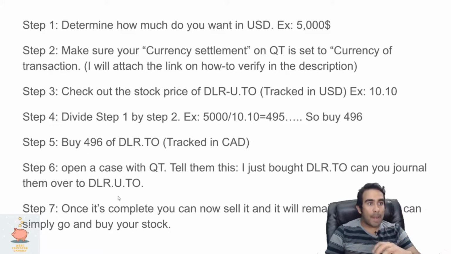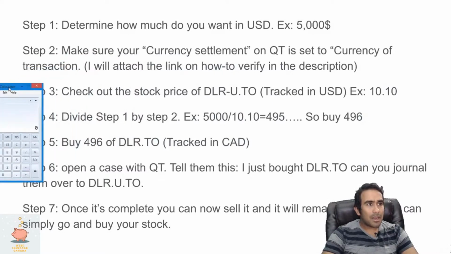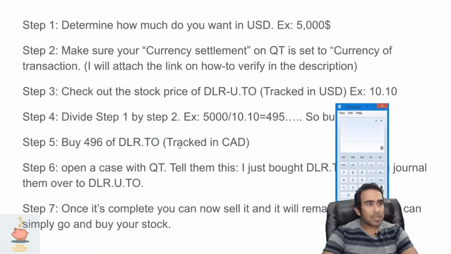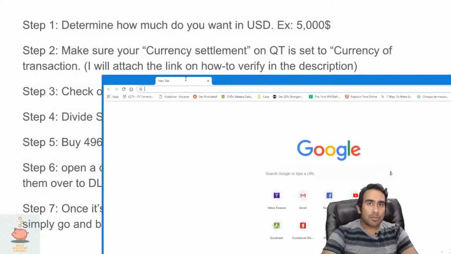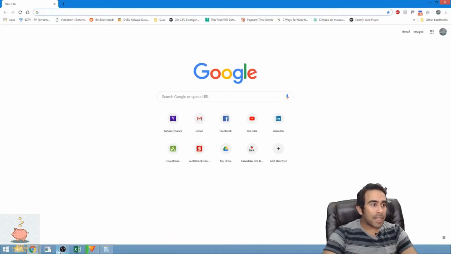So let's bring out the fantastic calculator and get the real factual numbers so they can help you guys know what I mean.